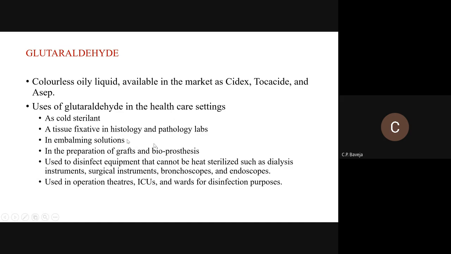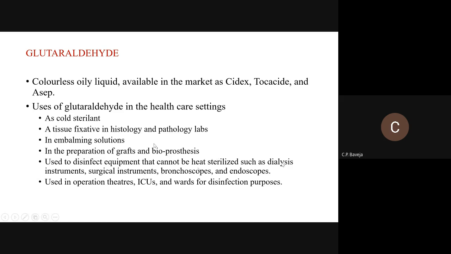An embalming solution can also be used like formaldehyde in the preparation of grafts and bioprocesses, and used to disinfect equipment that cannot be heat sterilized. Because it is a cold sterilization, some equipment you want to disinfect cannot tolerate heat sterilization, like dialysis instruments.